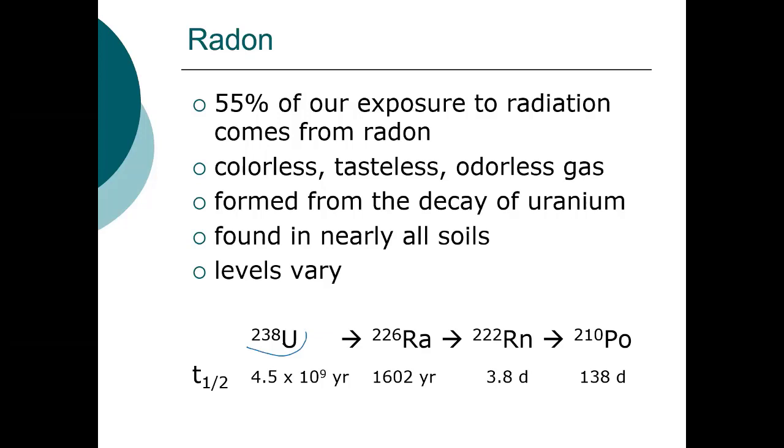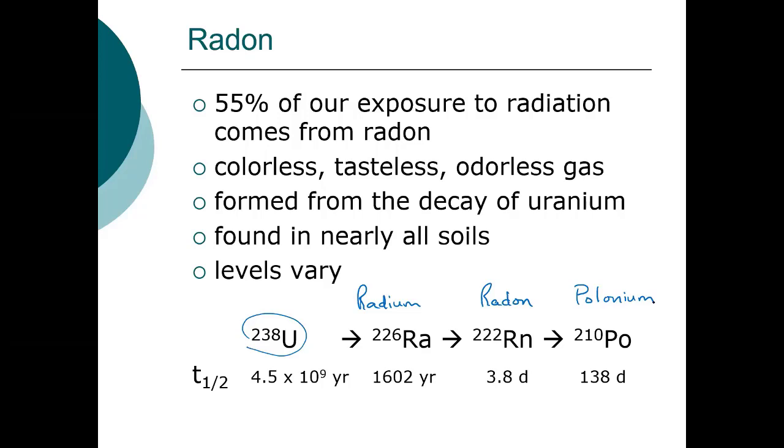And it's formed from the decay of uranium. So uranium, it's naturally occurring. It decays to form radium, which then decays to form radon, which decays to form polonium. So this is the decay sequence of these elements, isotopes.